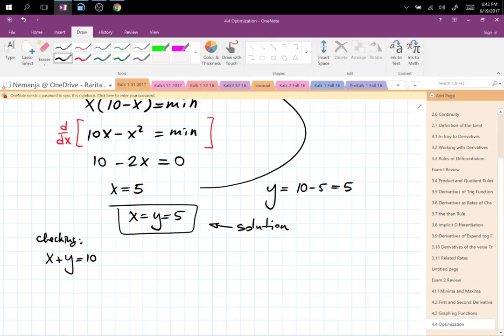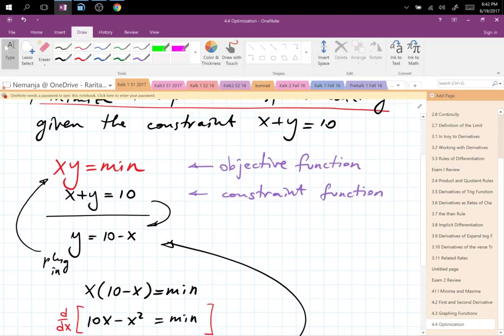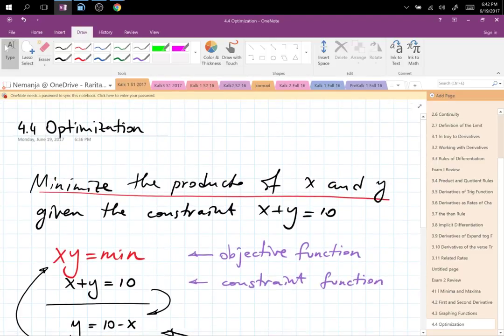Do what? Oh yeah, Max, you're right. Wait, what did I write wrong? Ah, it's x squared times y. That's okay. I'm just going to change this into a max. It's not a big deal.